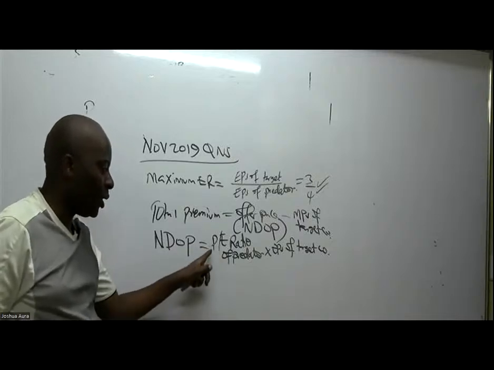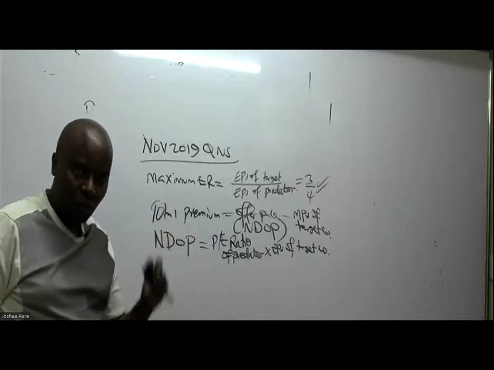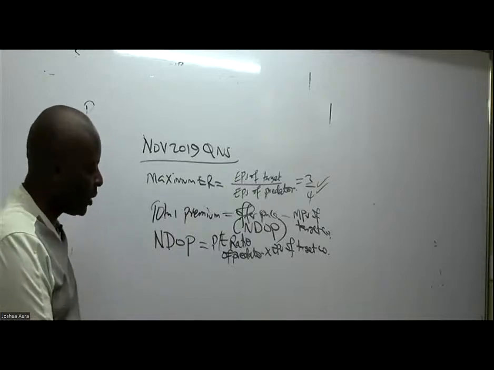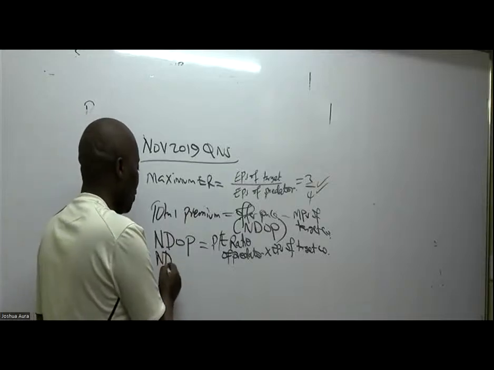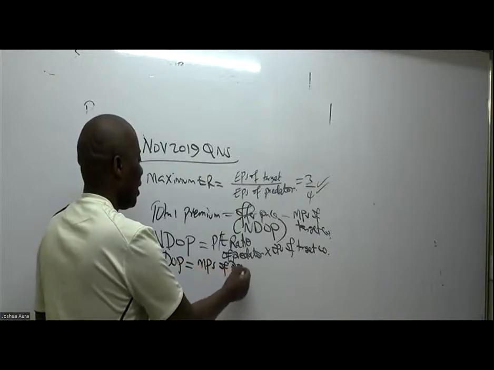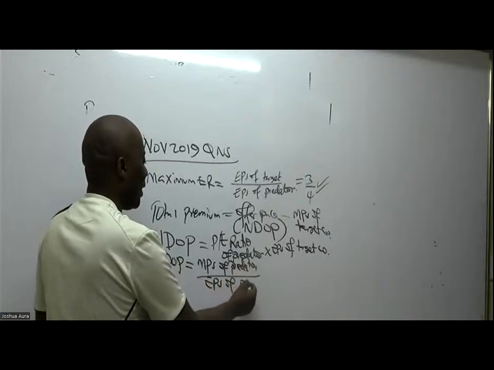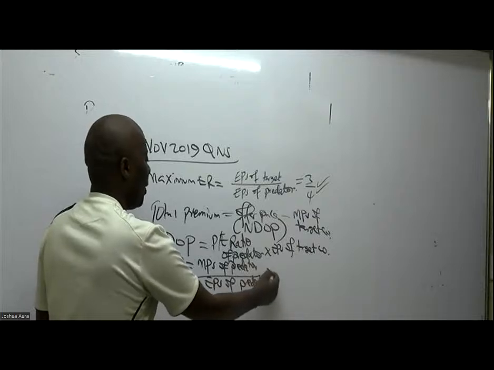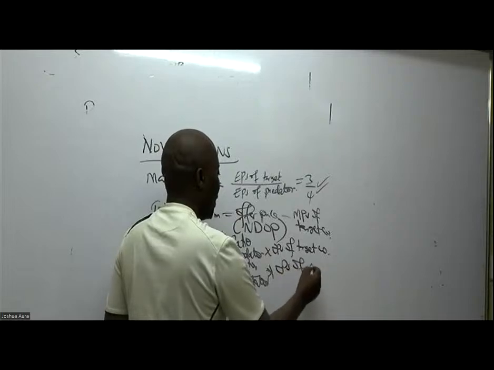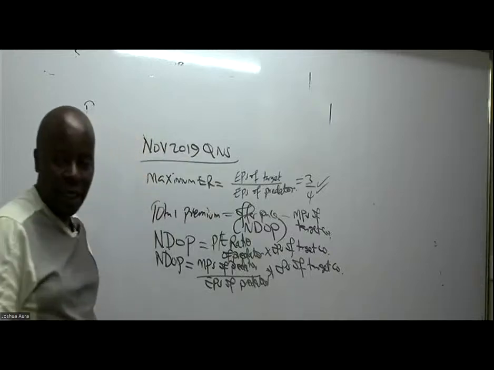We said PE ratio is the same as MPS over EPS, P over E, price over earnings. So in this case, to get this NDOP, the non-diluting offer price, we are taking MPS of predator all over EPS of predator, times EPS of the targeted company.